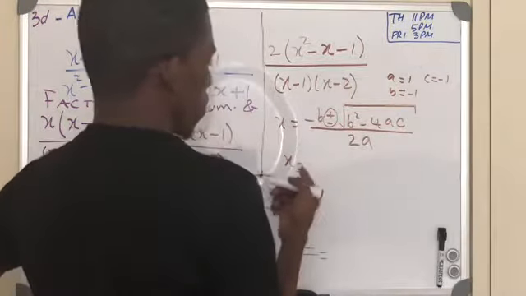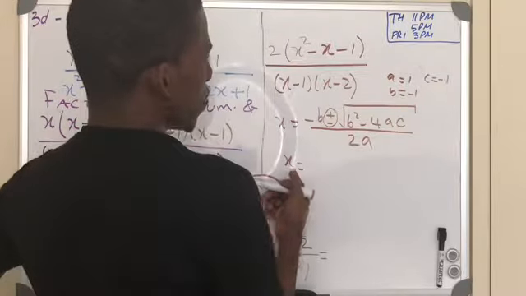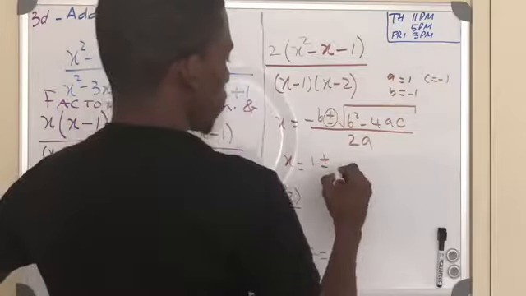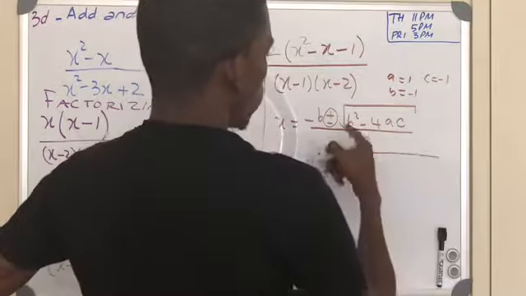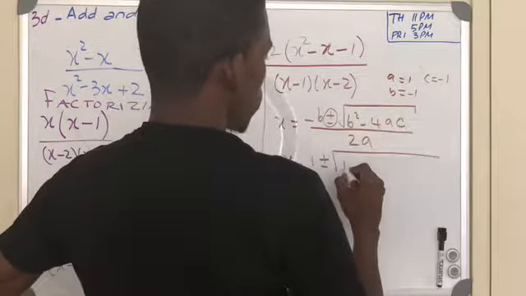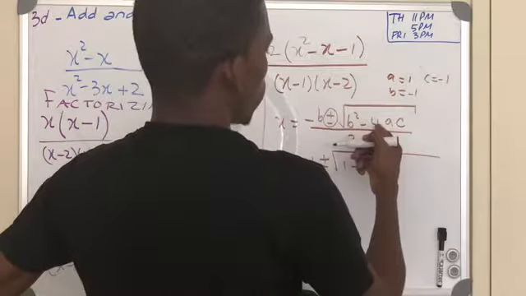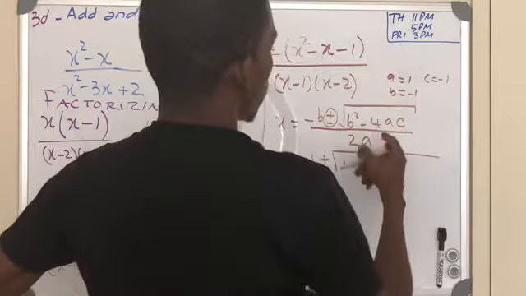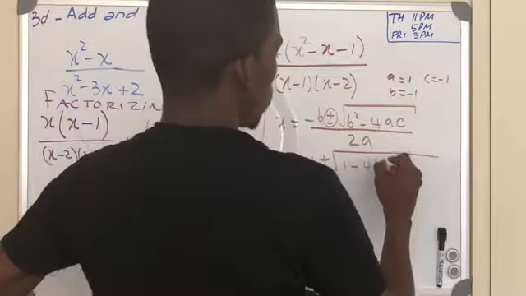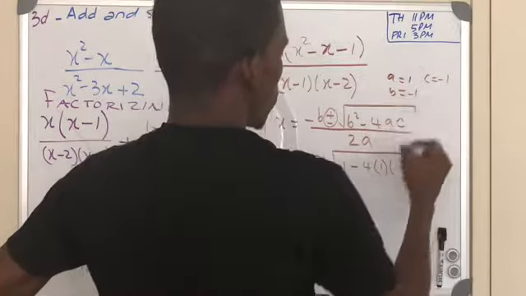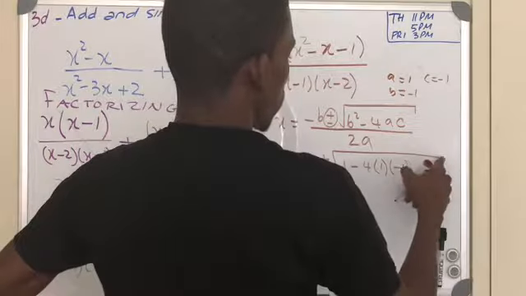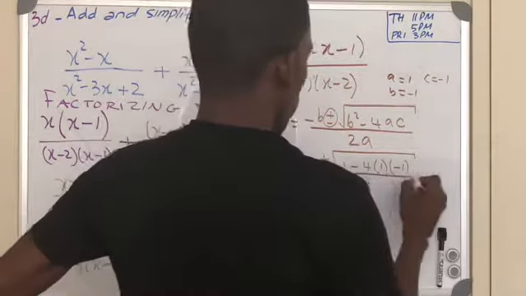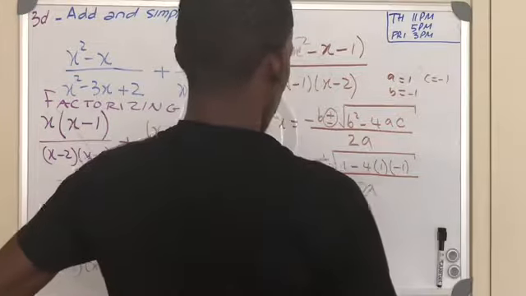Okay, so I have x equal to minus b, which is 1, plus or minus square root of b squared, 1, minus 4ac, 4 times a, 1, times c, minus 1, divided by 2a.